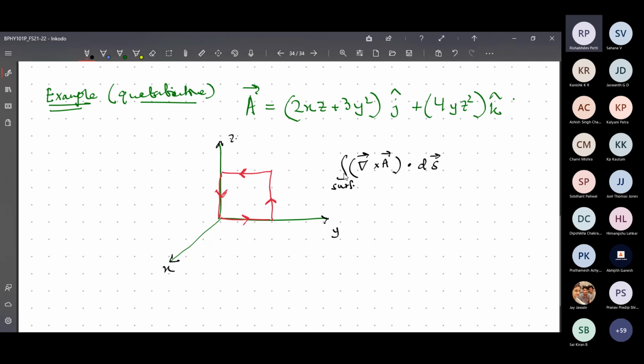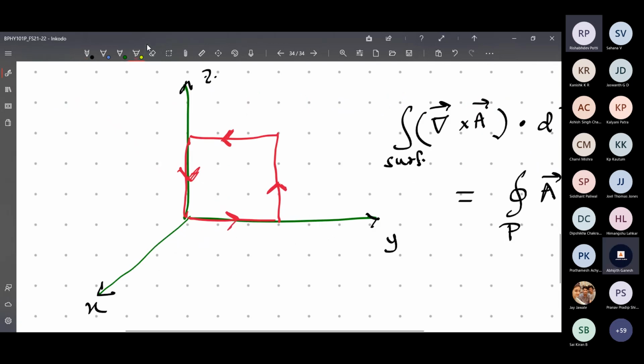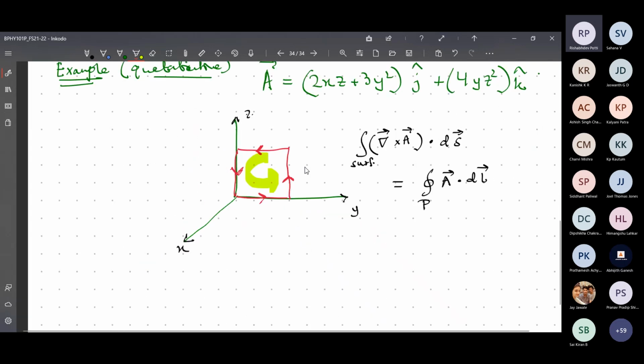So this I can compute, and similarly, I can compute an equivalent thing. What is that? That is A dot dl over the path P. Now, what is this circulation? The red line is the path P. Correct.